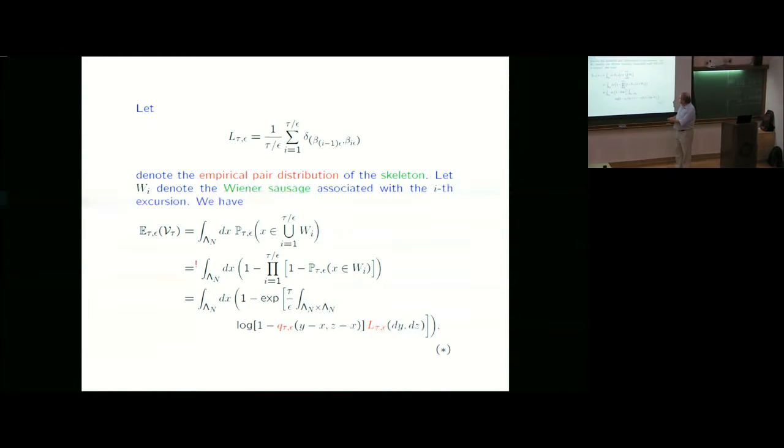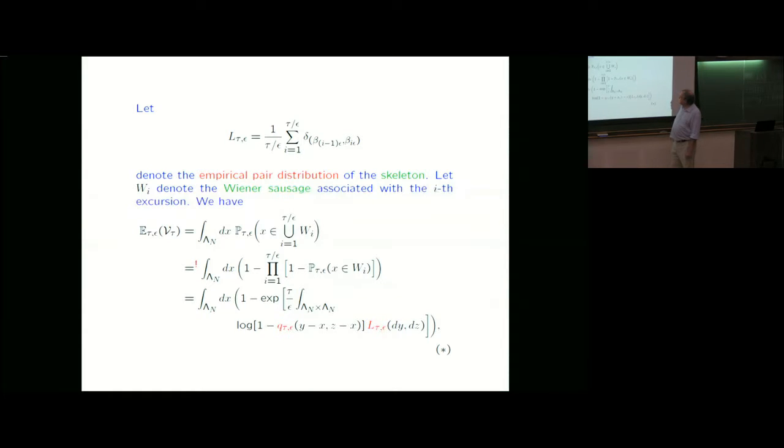And if that is happening, then for each of those excursions, the probability that a point x will hit that excursion. You say it's an excursion now that goes from y to z.